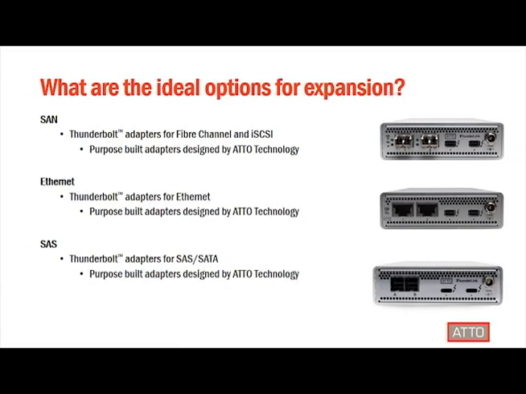So what we've been able to do is generate VMware drivers for most of our technology, which allows our Thunderbolt adapters to be virtualized. We have placed our Thunderbolt 2 8 and 16 gig devices onto the VMware compatibility guide.